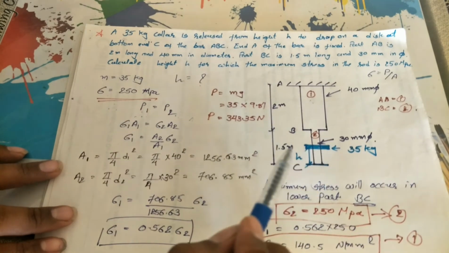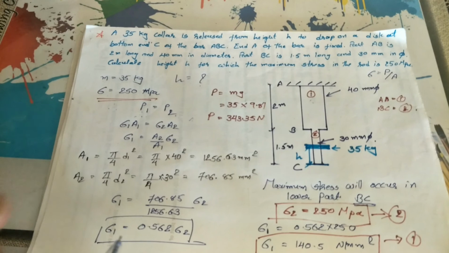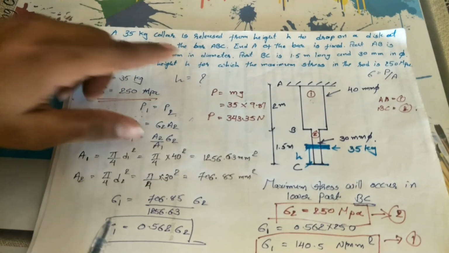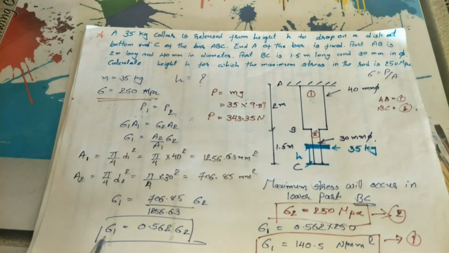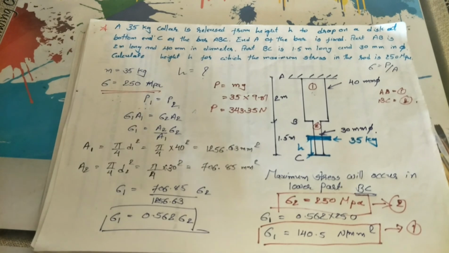Okay, so anyone can interchange this question, because height could be given and you need to calculate the load value, or you also need to calculate the diameter value. This type of question in the strain energy chapter is asked many times in your examinations.